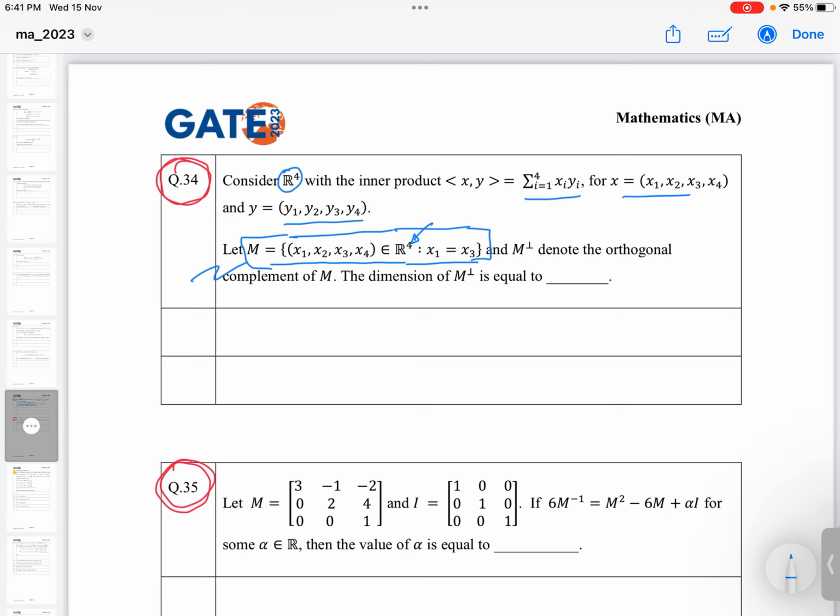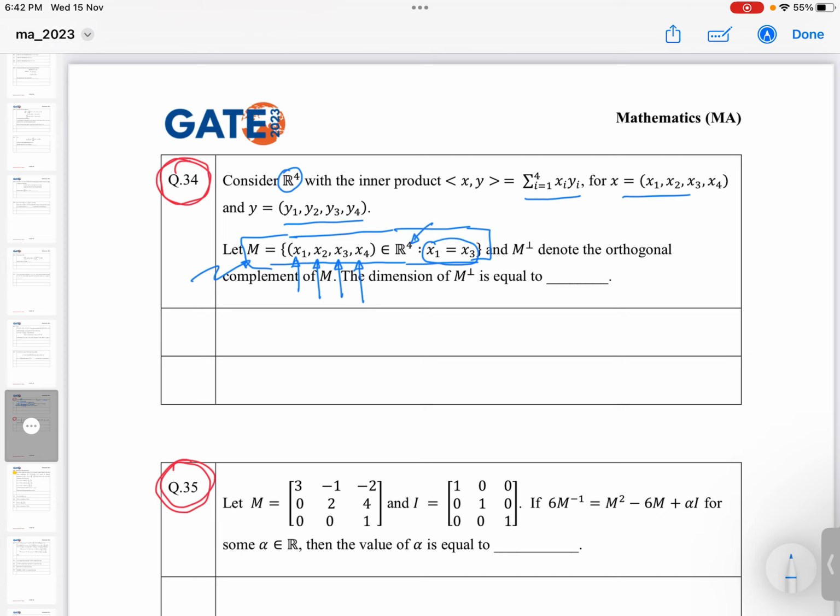So if I ask you how you can define this M in that four-dimensional space, according to the definition in the question, you need x1, x2, x3, and x4, right? So you need four numbers, and one additional thing is given, that x1 is equal to x3.